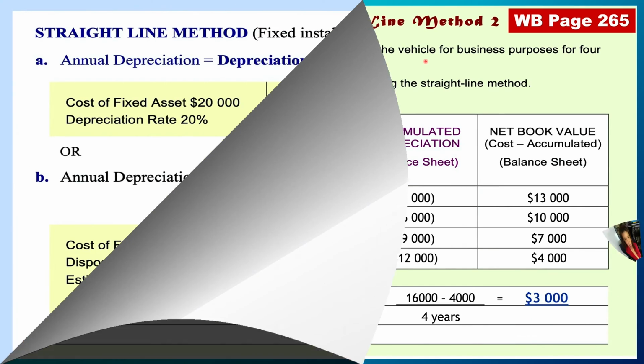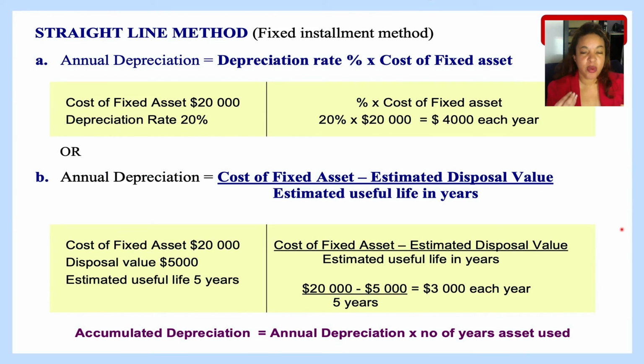Okay, so these are the two ways of calculating annual depreciation using a straight line method, which means that depreciation expense is the same for all of the years, so each year during the useful life of the non-current asset.